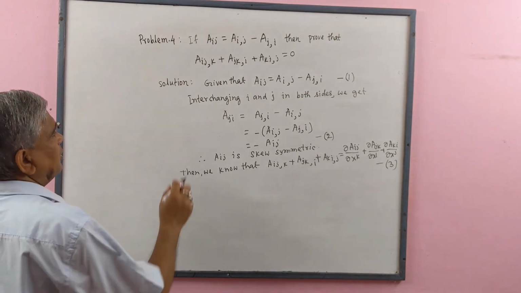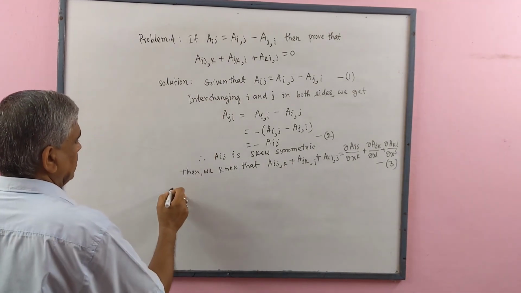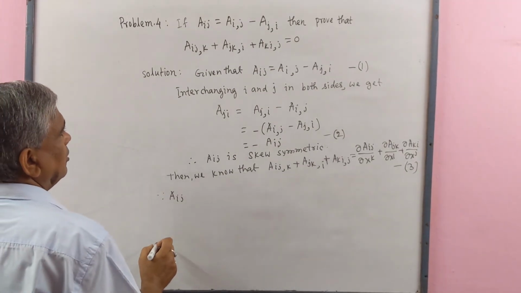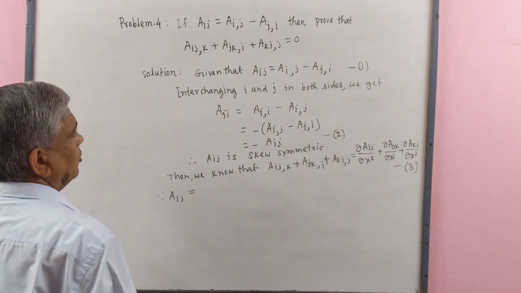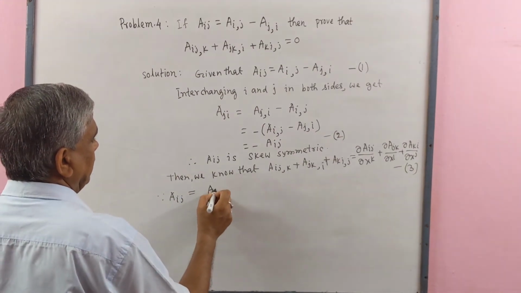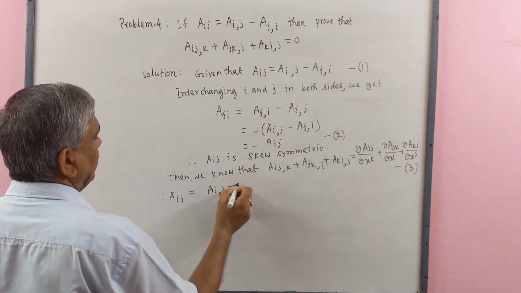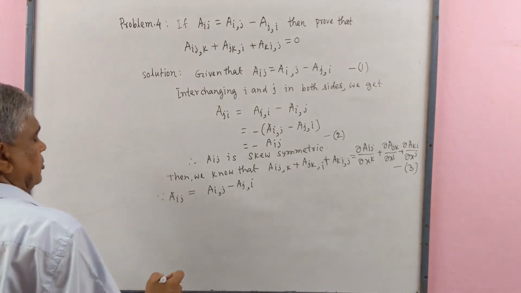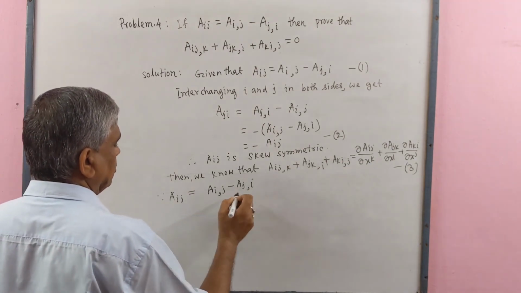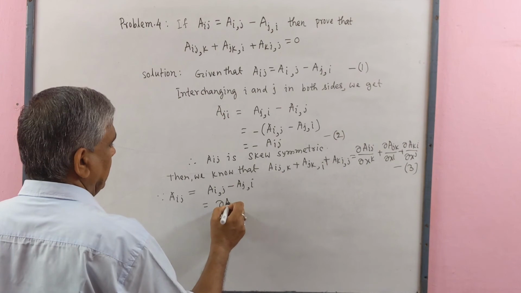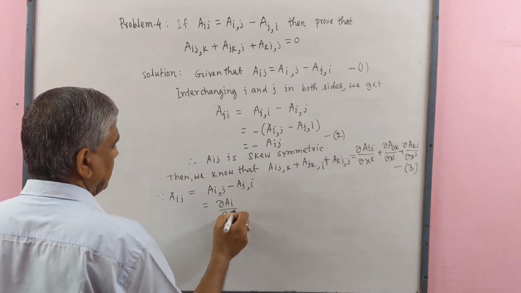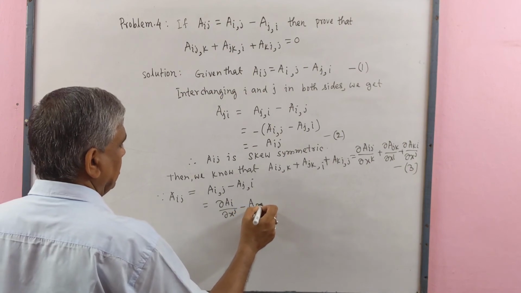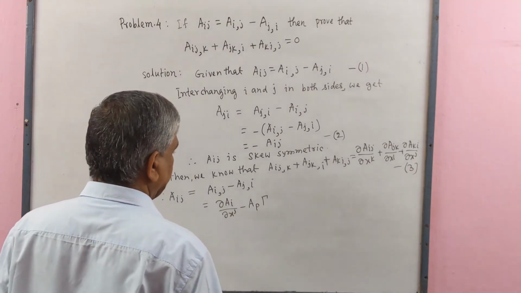Since a_{ij} from 1 equal to a_{i,j} minus a_{j,i}, this is equal to del a_i by del x^j minus a_p Christoffel symbol second kind.